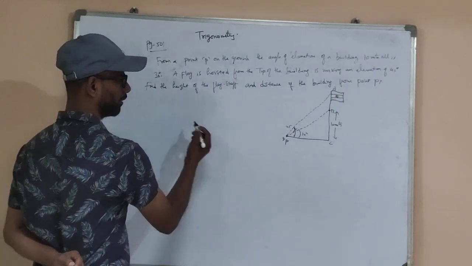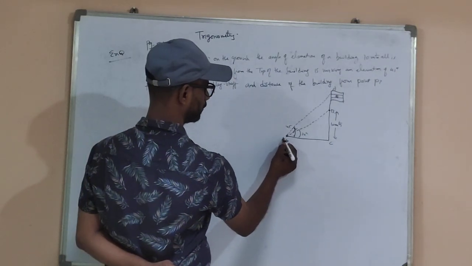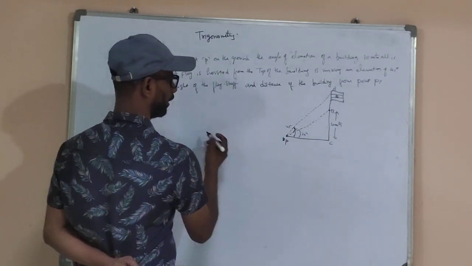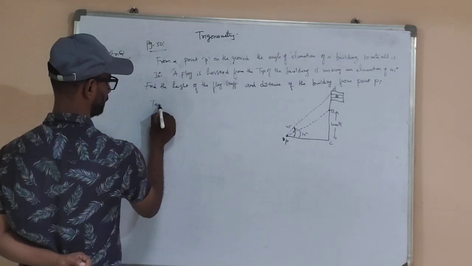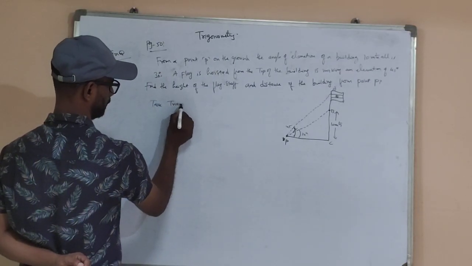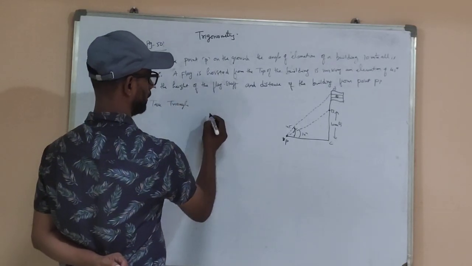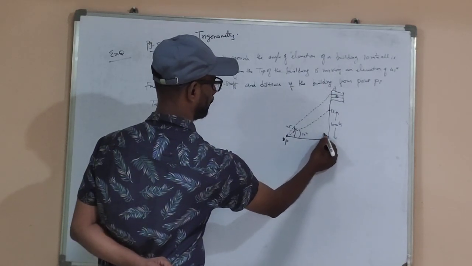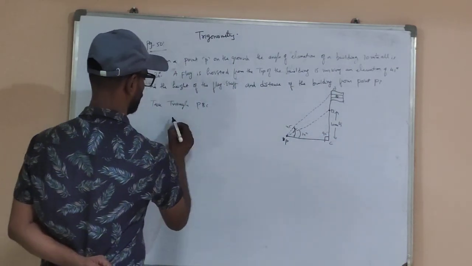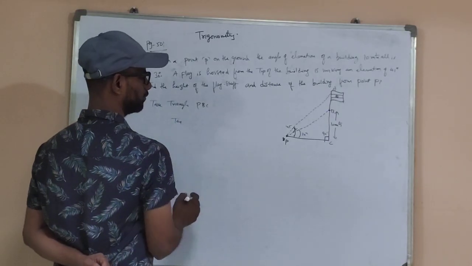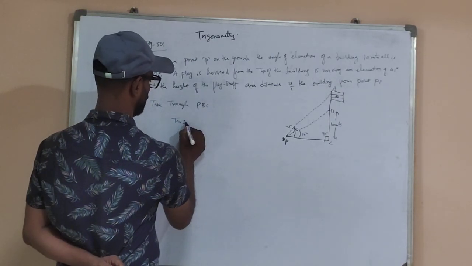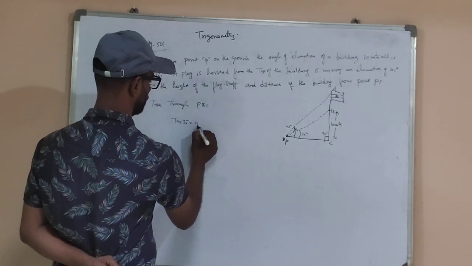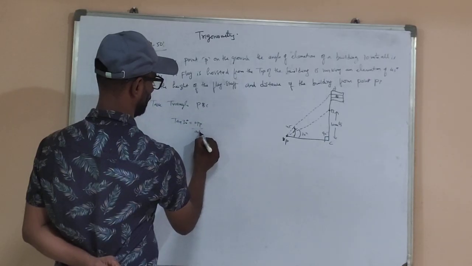First take triangle PBC. Here tan 30 degrees is equal to opposite by adjacent.